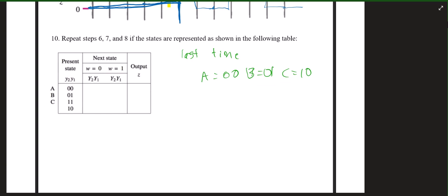This time we're changing it and making C 1, 1. So we still had our state table that looked like this.